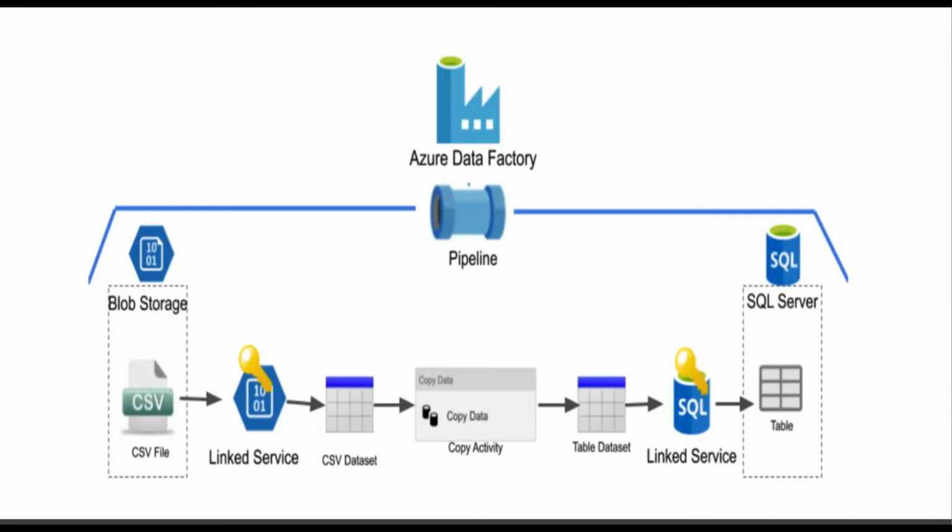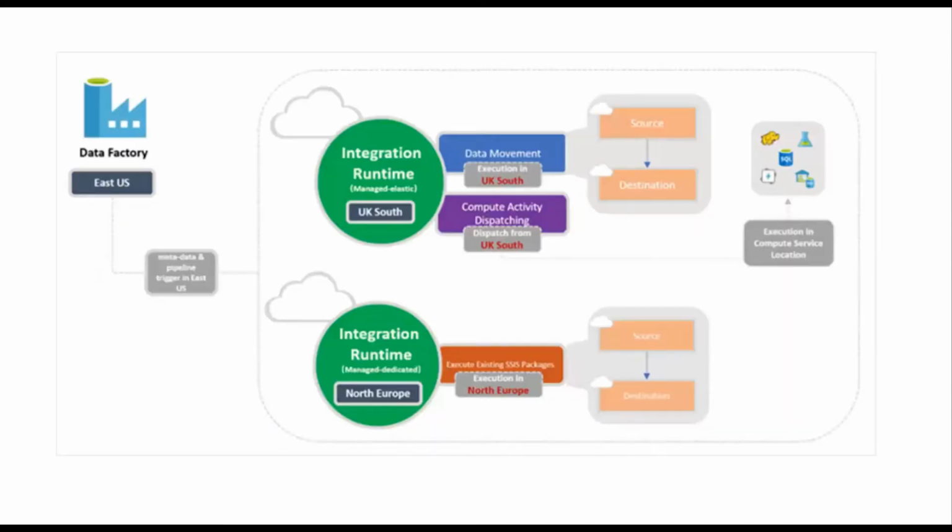If I talk about integration runtime, what does integration runtime do? Basically, integration runtime performs the action. If you see this diagram here, your data factory is ready, and then it is going into integration runtime. Integration runtime decides which location, which data centers, and what activities it runs on. There are multiple things behind the scene.